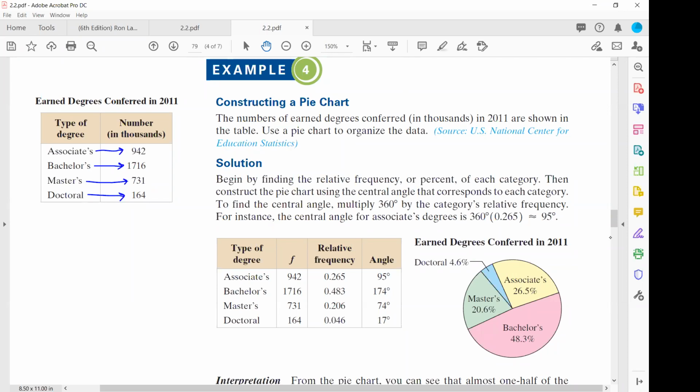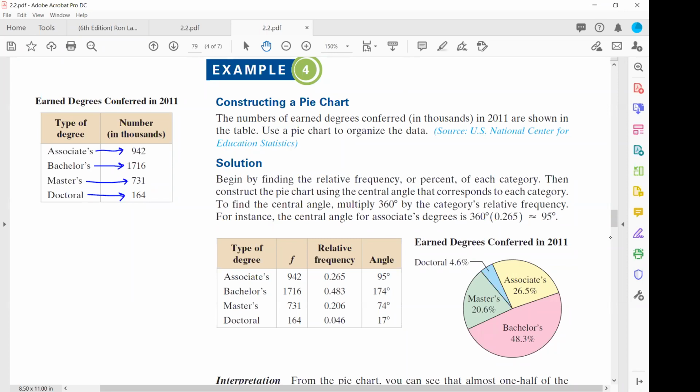So you have 942 counts of the first degree, then 1,716 counts of the second category, 731 counts of the third category, and 164 counts of the last category. How do we visualize this?